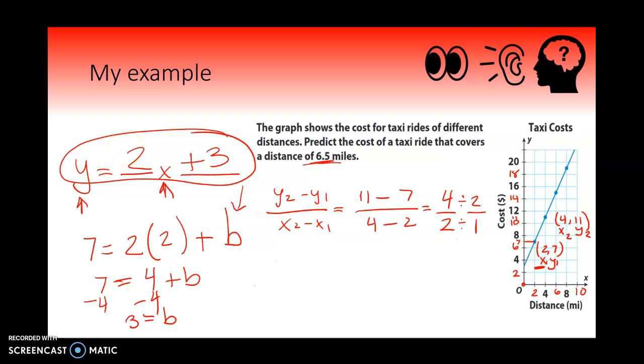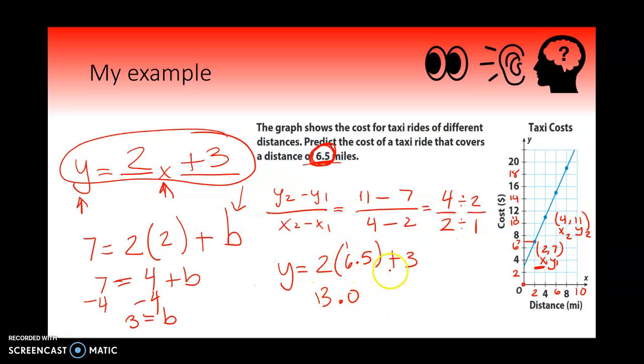And then, don't forget, we got to predict. So now we got to do solving one more time. And I got to put in the 6.5 miles. So that's what we're going to put in for x. So we got y equals 2 times 6.5 plus 3. And 2 times 6.5, well, 2 times 5 is 10, so 10 point. 2 times 6 is 12, plus 1 is 13.